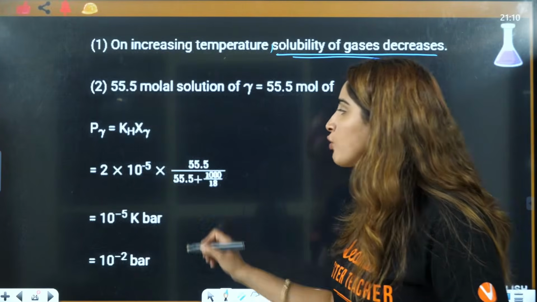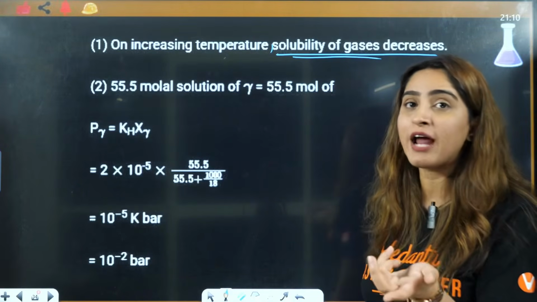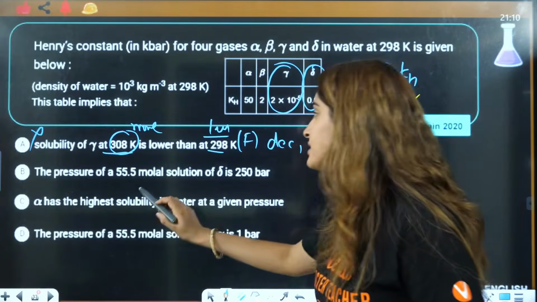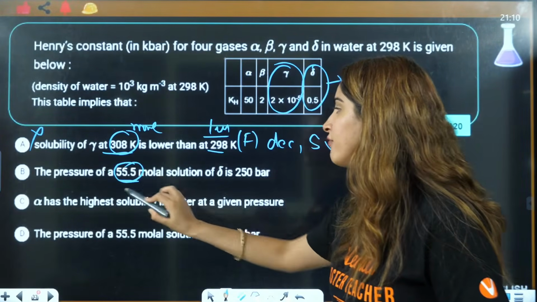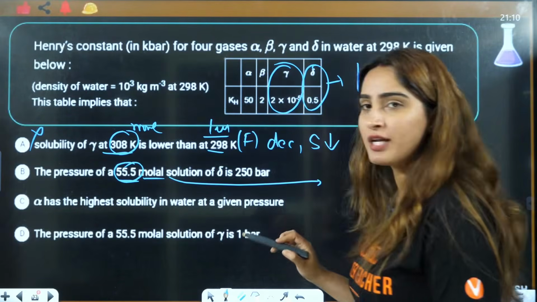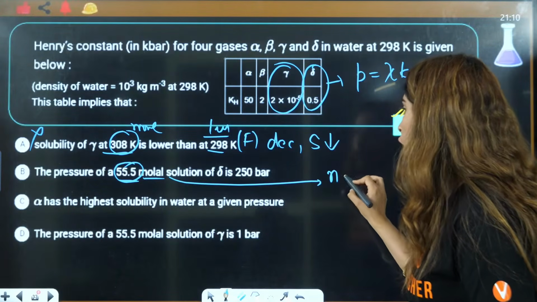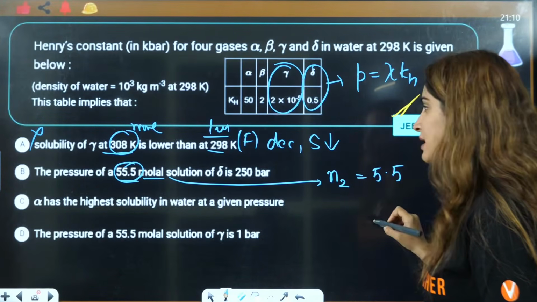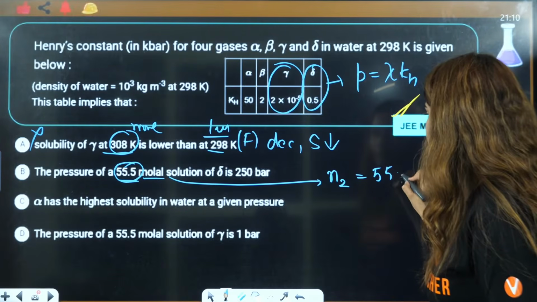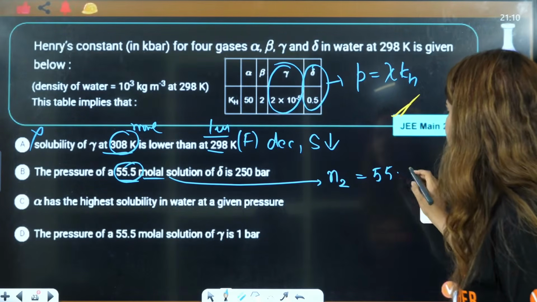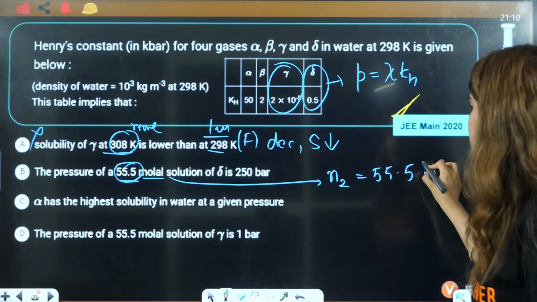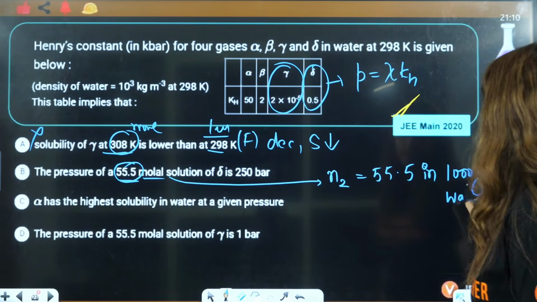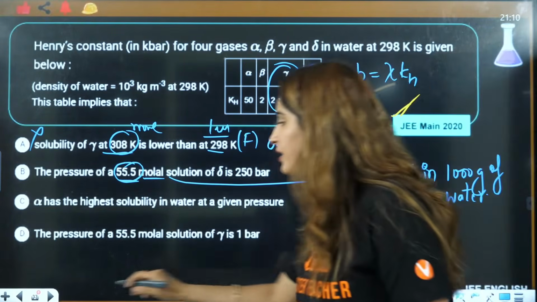Molality is given as 55.5, meaning the number of moles of solute is 55.5 in 1000 gram of water.